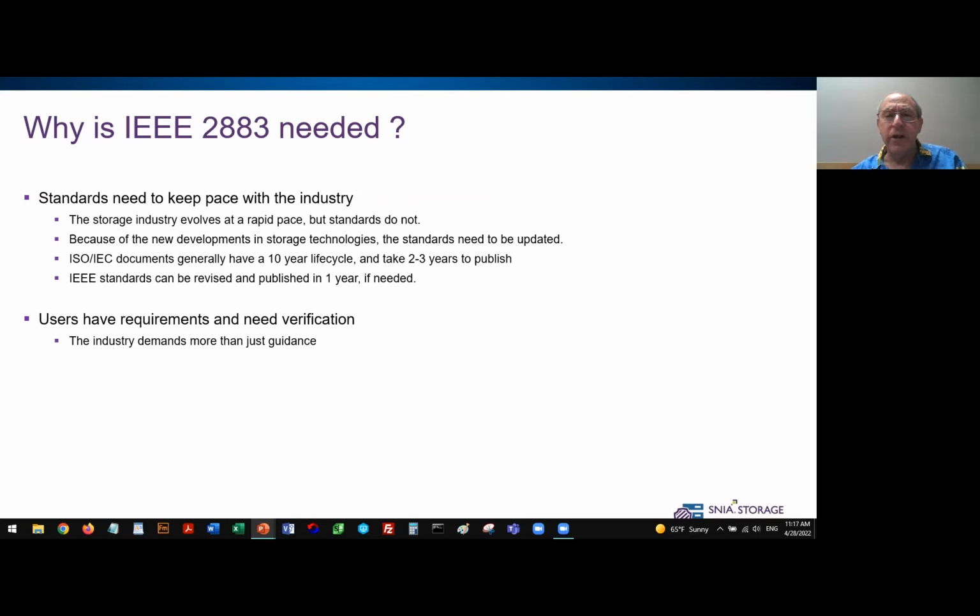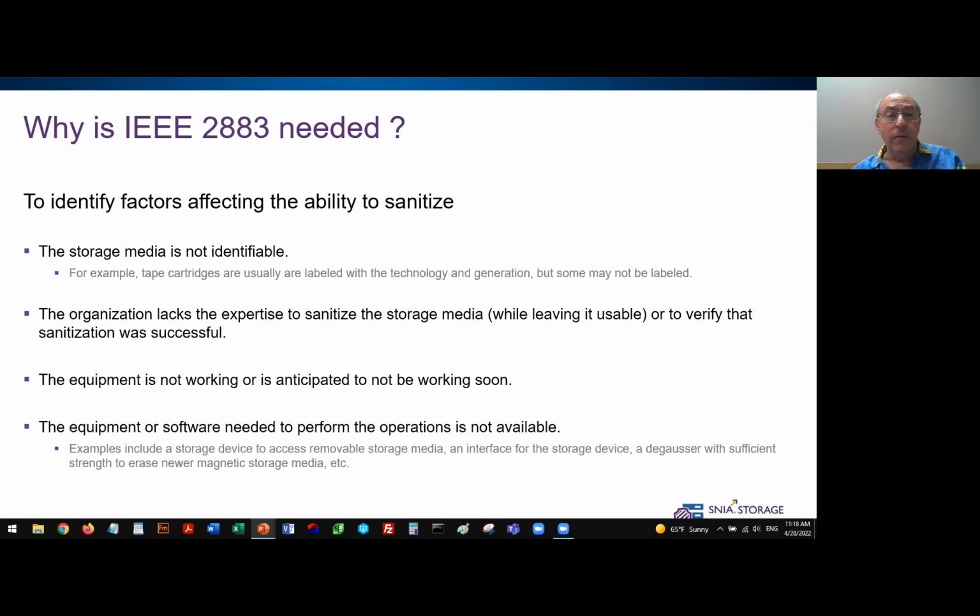But if you want to change them, it takes 2 or 3 years to publish that. IEEE standards, though, can be revised and published in a year. I'll show you more in just a moment. And people demand requirements, and need verification that those requirements have been met.